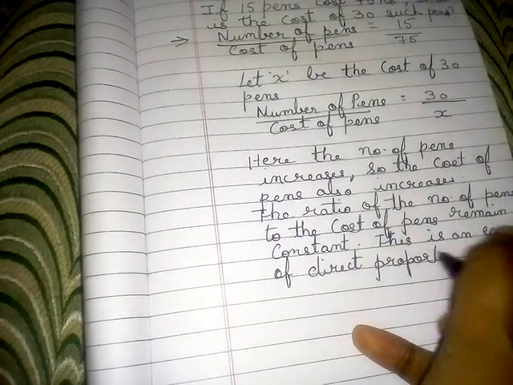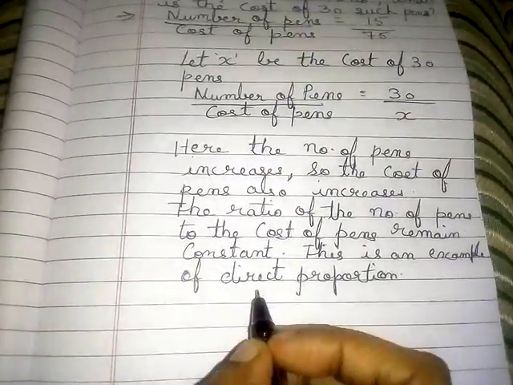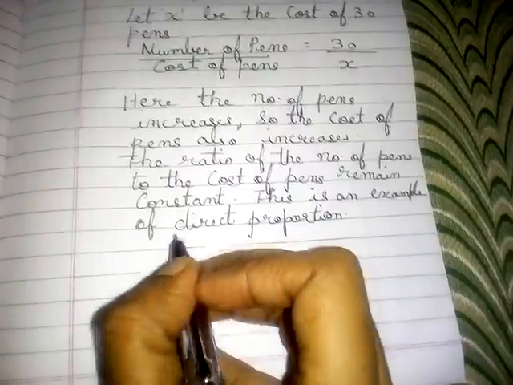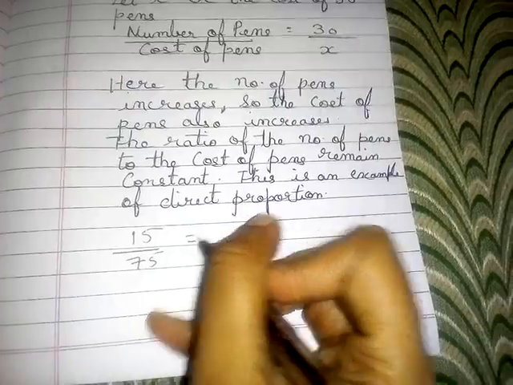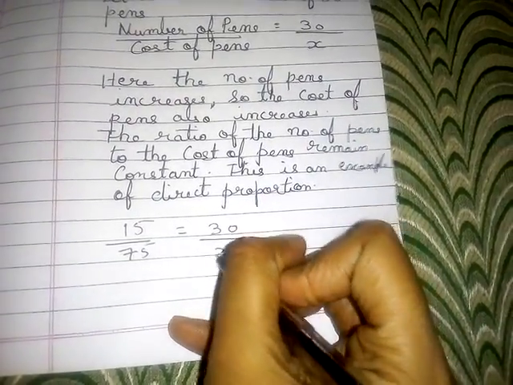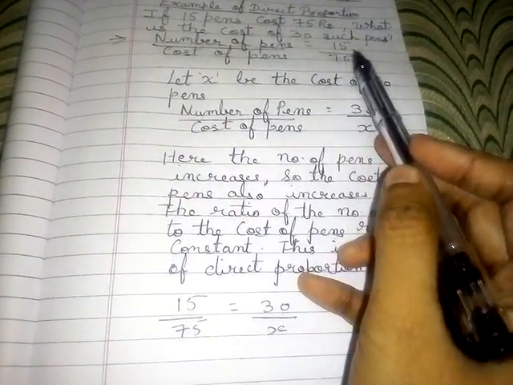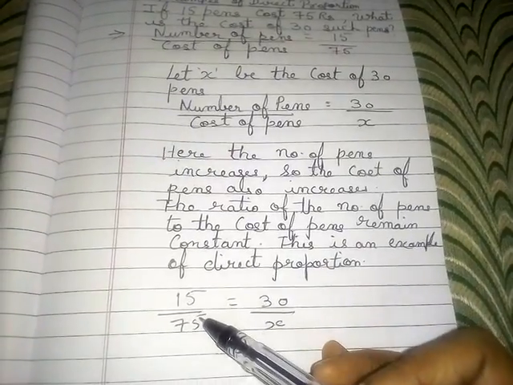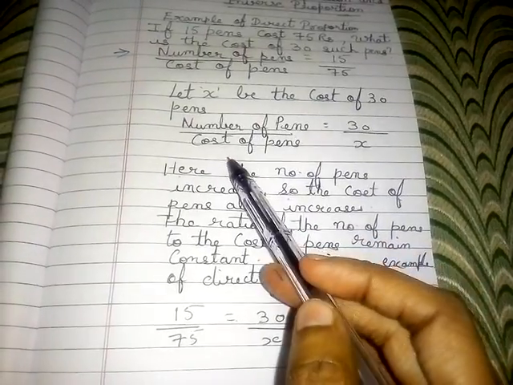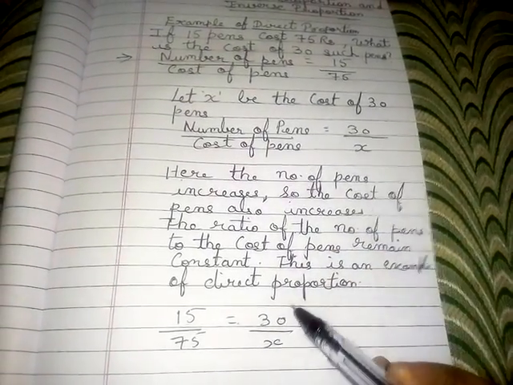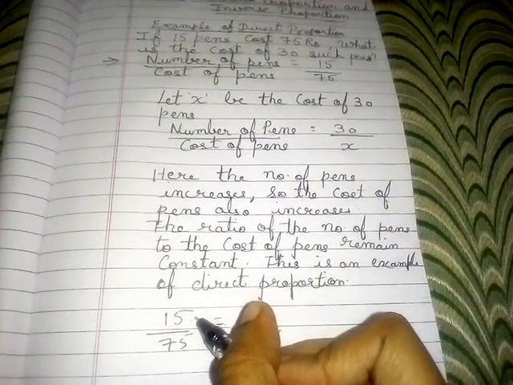So you have to write the statement like this. Now let us continue solving. 15 upon 75 is equal to 30 upon x. In the first ratio, number of pens upon cost of pens is 15 upon 75. That ratio is equal to the second ratio, number of pens upon cost of pens, which you wrote on the right side, 30 upon x. So now you have to cross multiply.